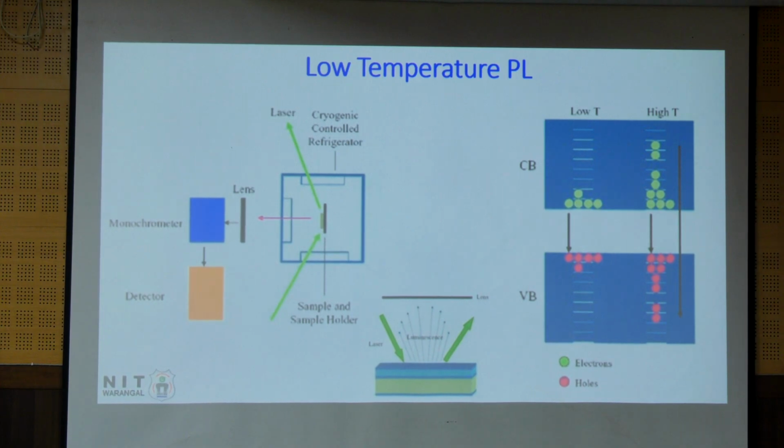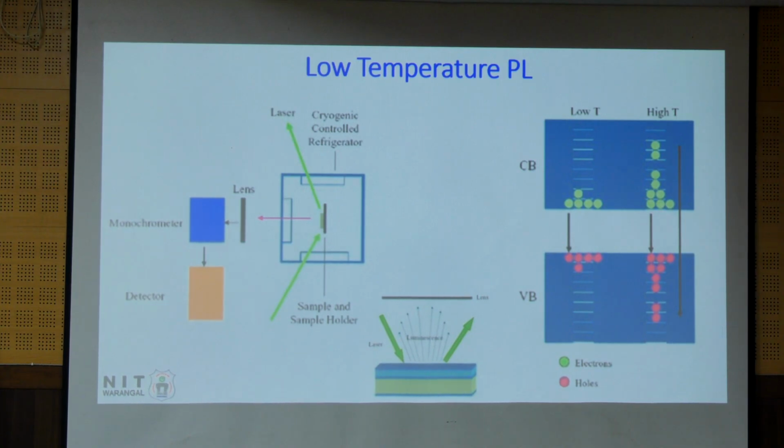While exciting the material, they cool down the system, so all the electrons that went to the conduction band will be frozen there only. Then they switch off all the excitation sources, and only in dark conditions there will be the detector, and slowly they start increasing the temperature.